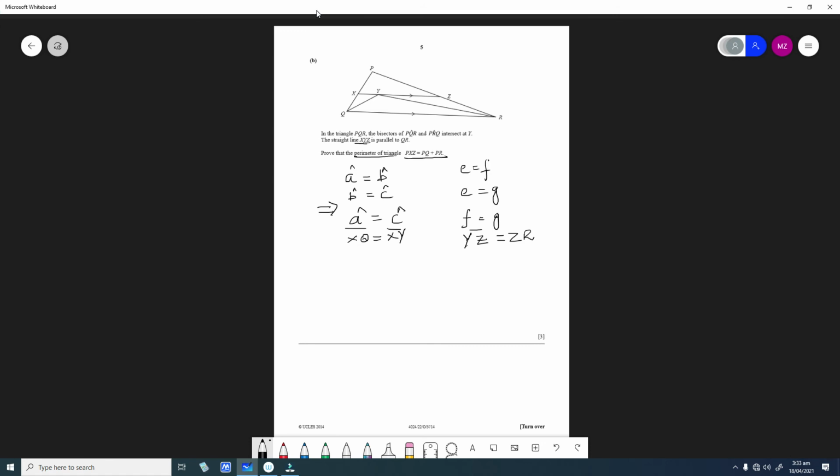So in simple terms, if we take the perimeter of triangle PXZ, the perimeter will be equal to PX plus this side, XY, and plus this side, YZ, and plus this side, PZ or ZP.